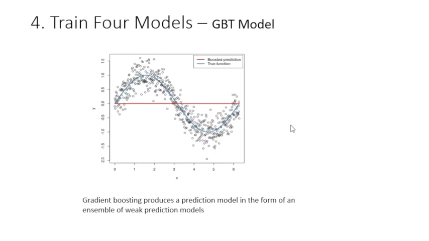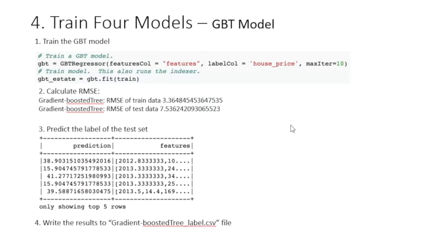And finally, we come to the last model. The last model is gradient boosted tree regression. Gradient boosting is a machine learning technique for regression and classification problems, which produces a prediction model in the form of an ensemble of weak prediction models.